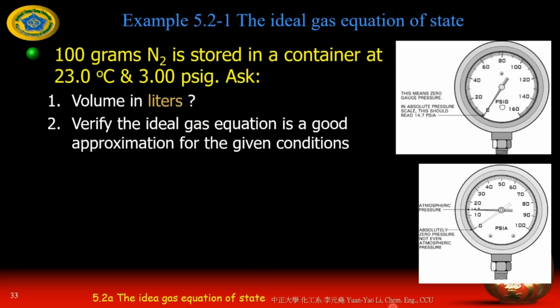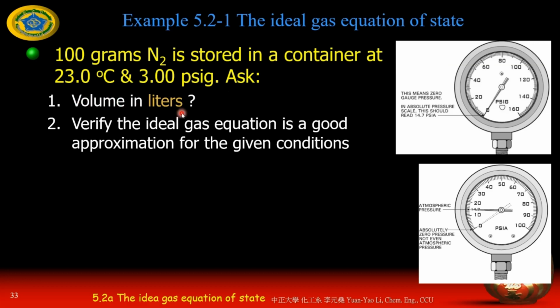So now let's do a practice. Example 5.2-1, ideal gas equation of state. We have 100 grams of nitrogen stored in a container at 23 Celsius and 3.00 psig. Ask for the volume in liters.